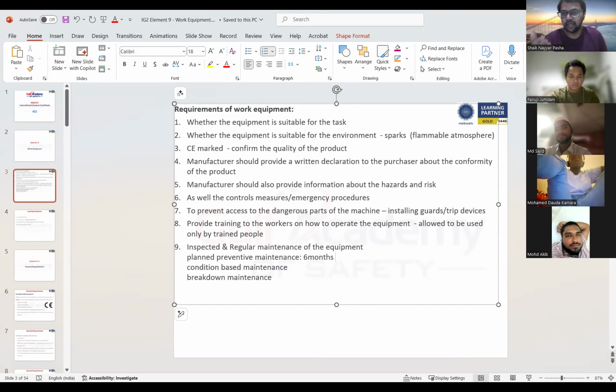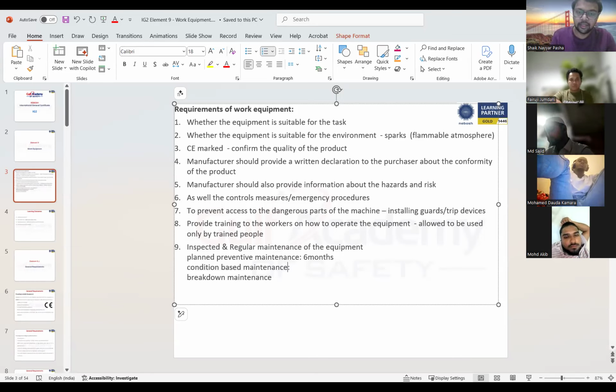That is called planned preventive maintenance. Manufacturer's instructions or legal requirement. So good condition, but still you go for maintenance as per the requirement.